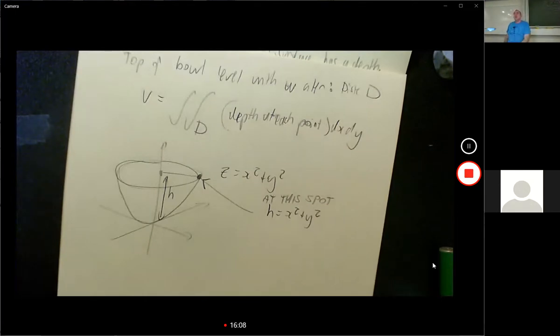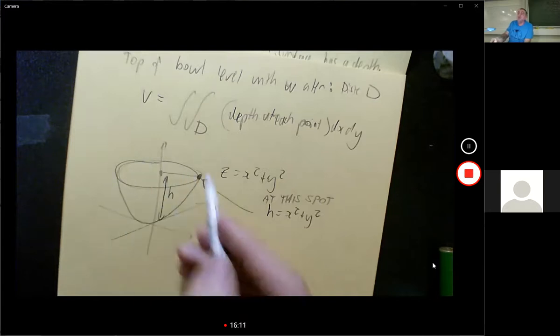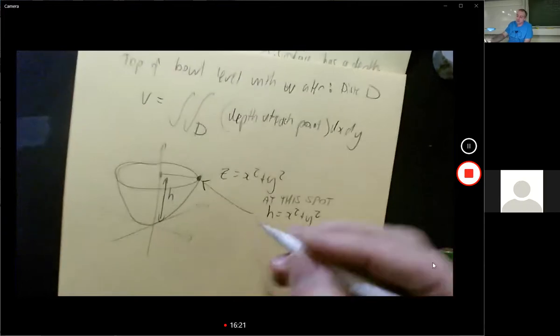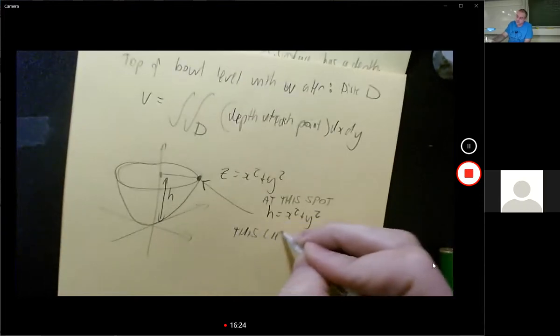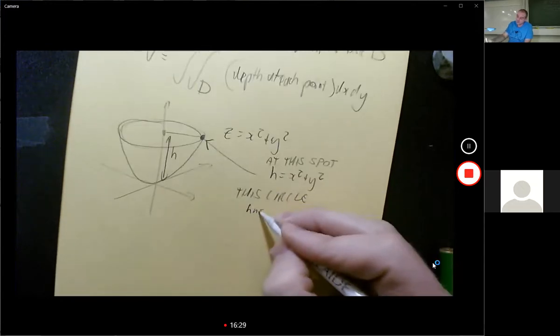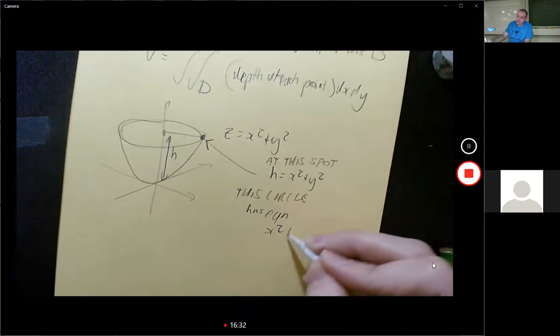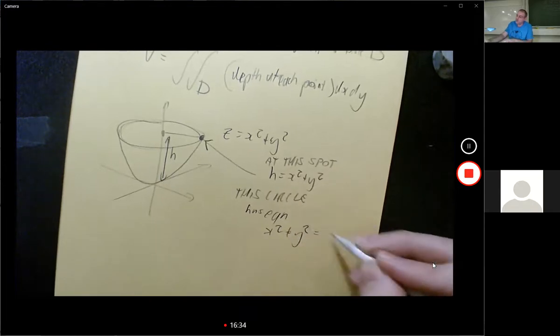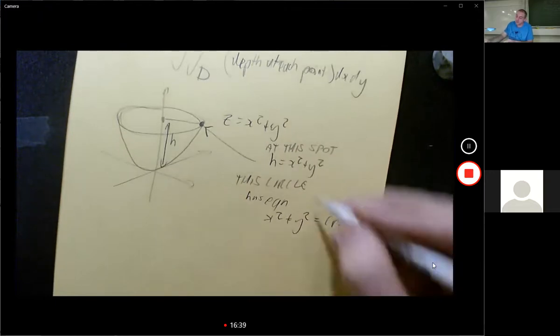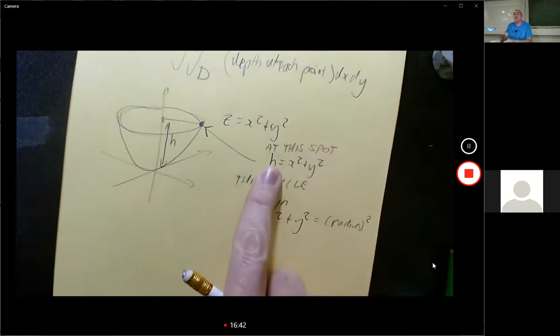And what that means is that the equation of this circle is x squared plus y squared equals radius squared, which means the radius is root h. So radius squared should be h.